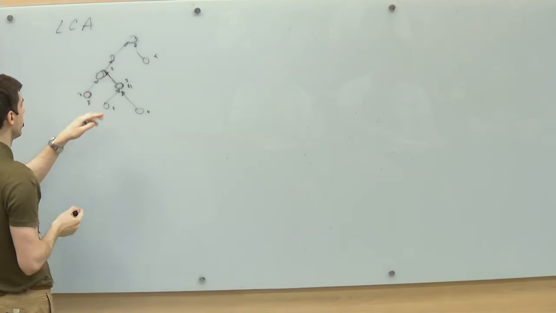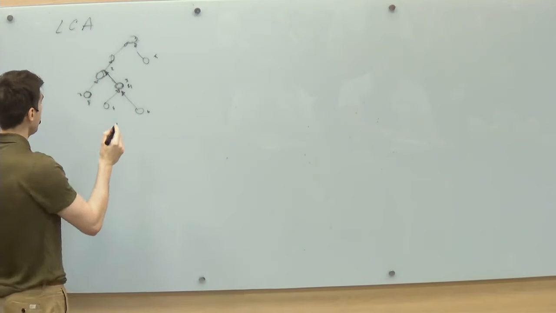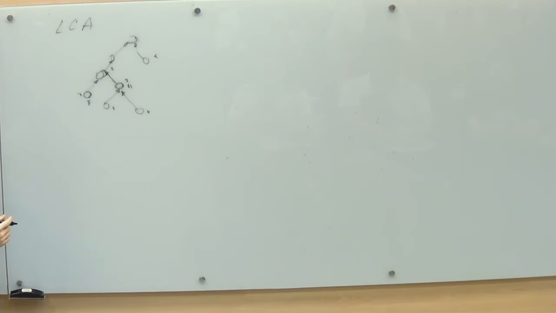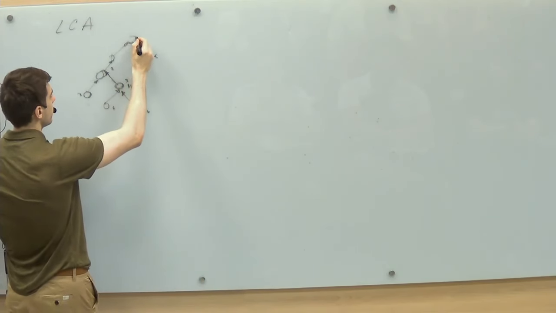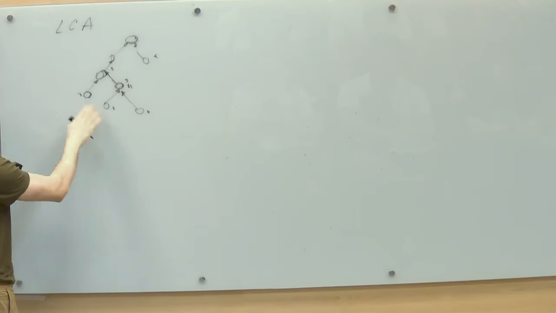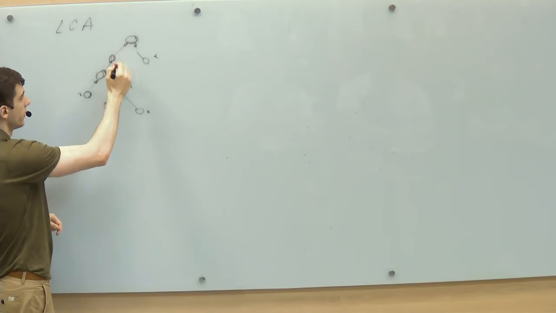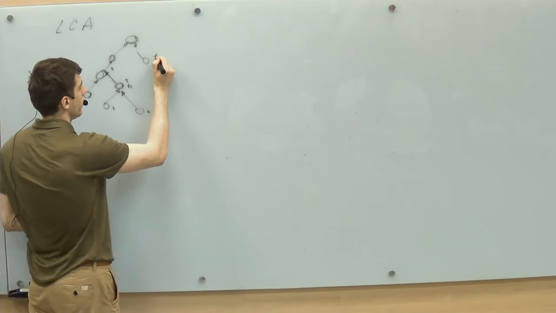So, how do we find the lowest common ancestor? We'll use the following trick. We will preprocess for all the vertices their depth. For this picture, I've already done this, where the depth is the distance from the root, in the case where our edges have equal weight.